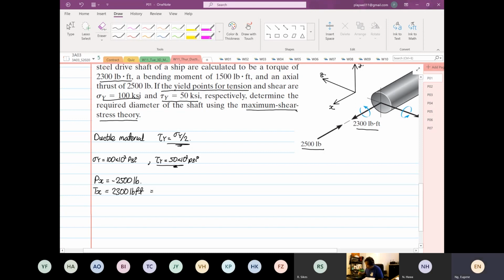And we have to change it to pound-inches because our stresses are in pounds per square inch. So anything in feet, you have to change to inches. So this is 2,300 multiplied by 12, which will be equal to 27,600 pound-inch.